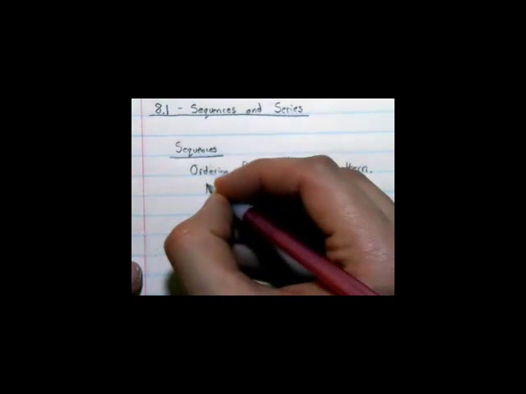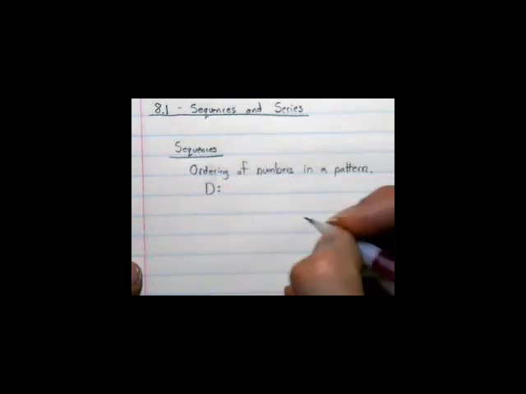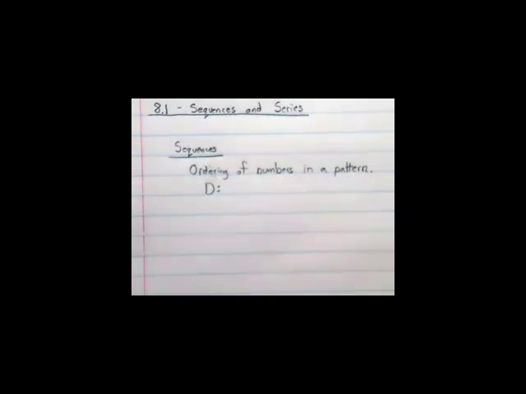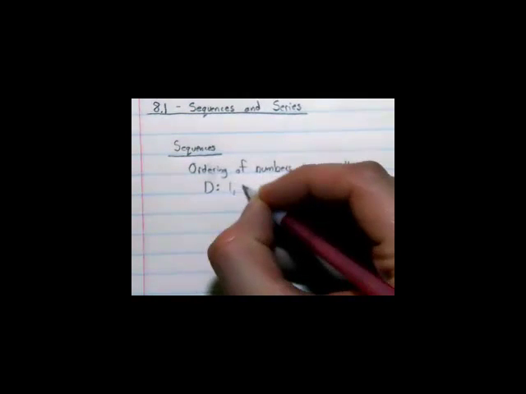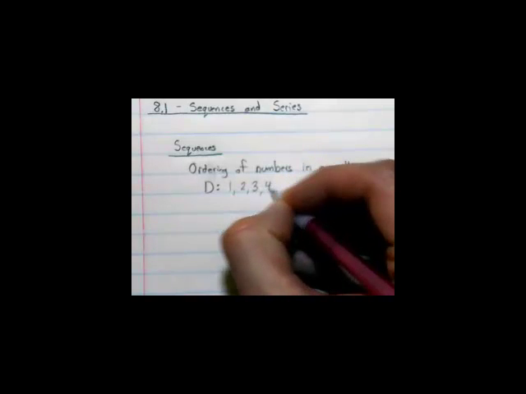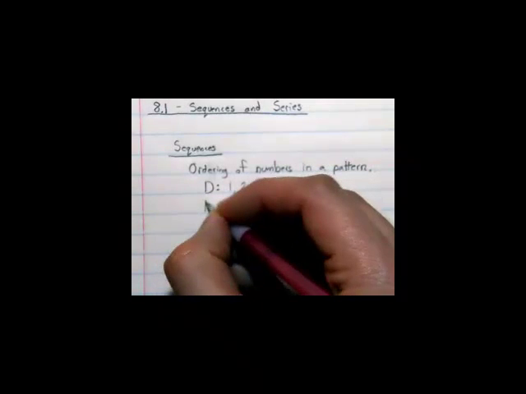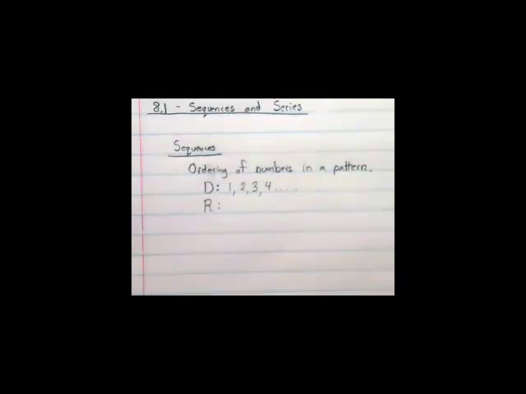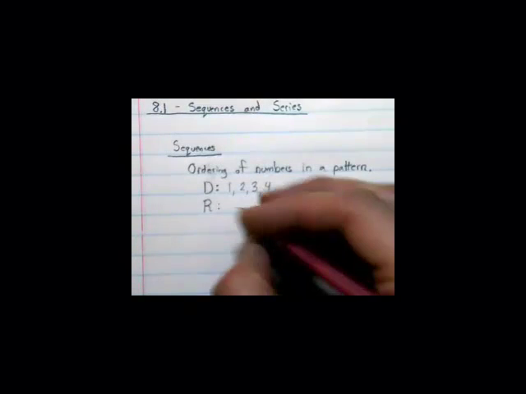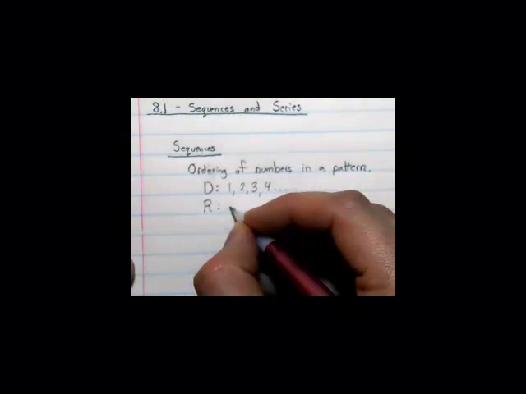And the domain for that would be just all the numbers 1, 2, 3, 4, 5. Those are the numbers you were plugging in, right? Domain, we used to call that x, but that's the numbers that you plug into a function or an equation or that sort of thing. And so the domain is just 1, 2, 3, 4, etc., etc. And the range, the output of that would be what the numbers are in the pattern.